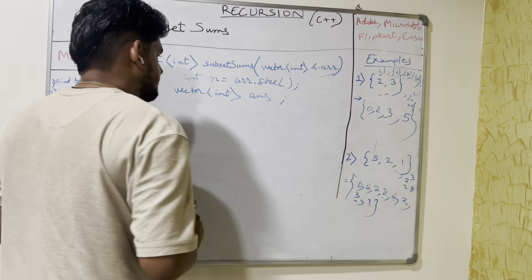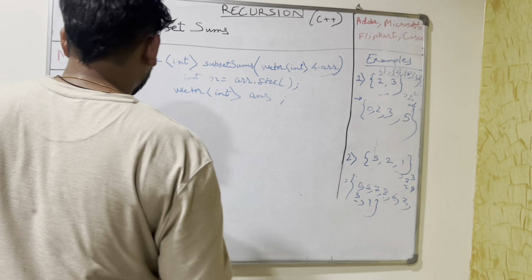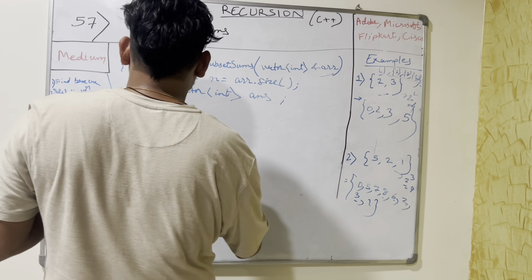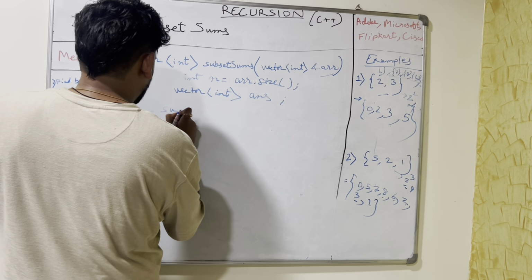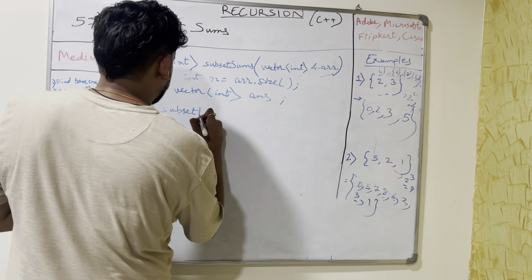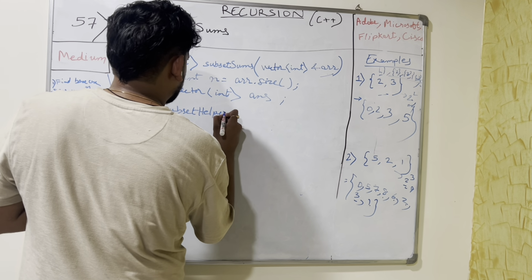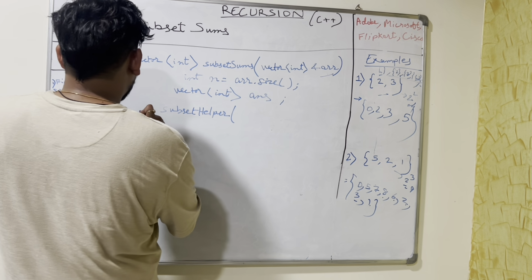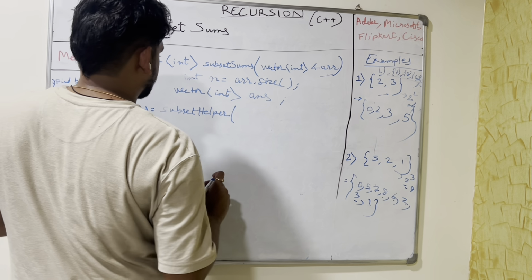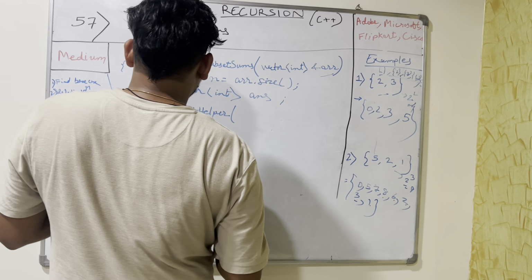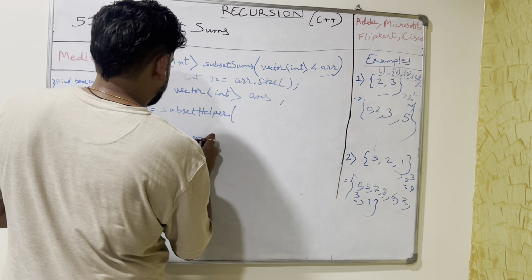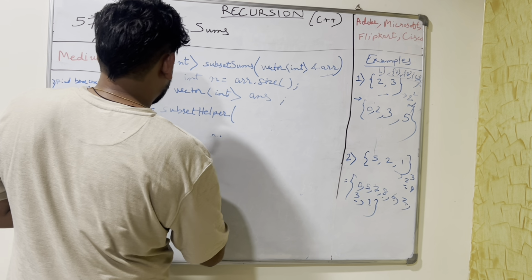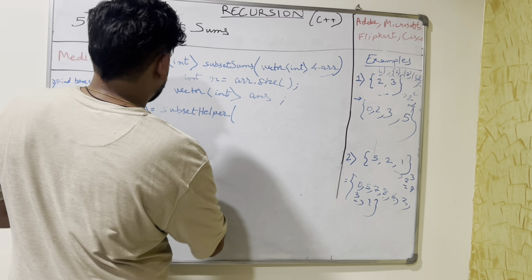And then we need a sum every time, so we'll pass that also. So we will call a function, say subset helper, and that would return a vector of answer, and this will return this answer. Return answer.